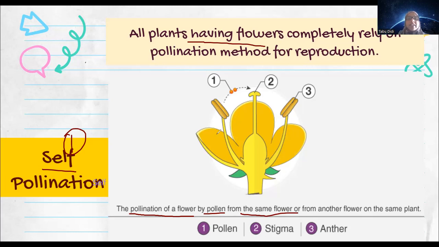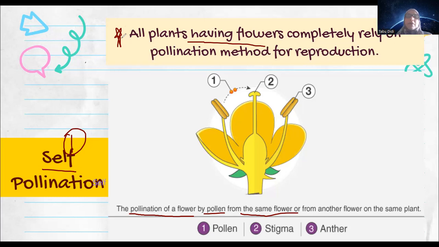Basically, this is the point that I was discussing previously, that for reproduction to happen, pollination has to happen. All the flowering plants will do pollination for reproduction to happen. Without pollination, sexual reproduction through flowers will not take place.